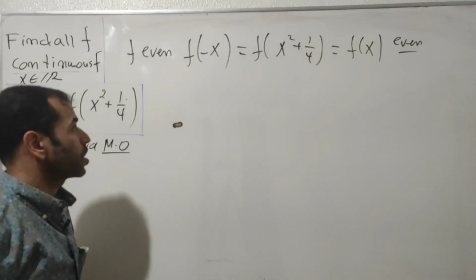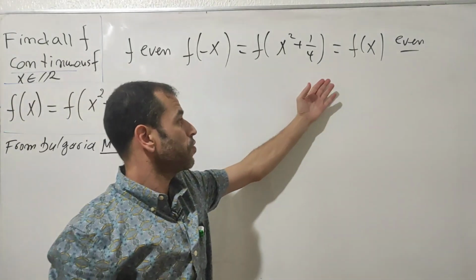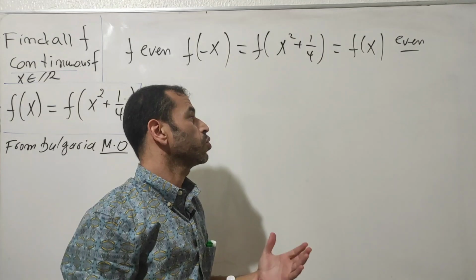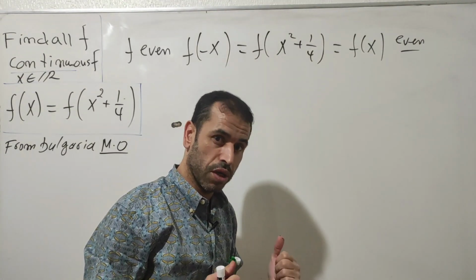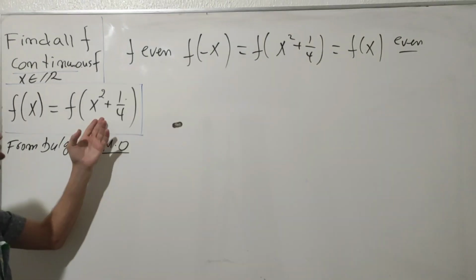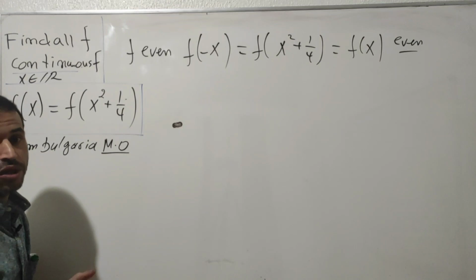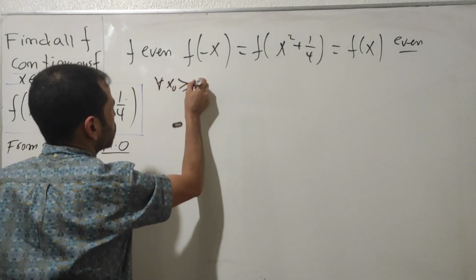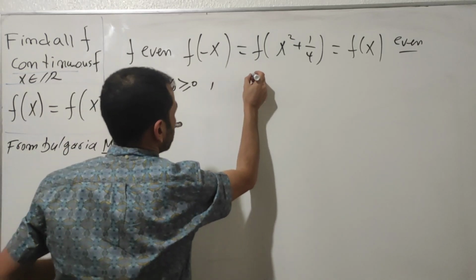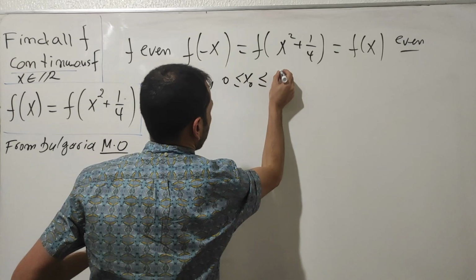Now let's move on to the second point. As we discussed before, since f is an even function, we need to discuss this only on the positive real numbers, which is enough. So for all x0 greater than or equal to 0, we take x0 between 0 and half.